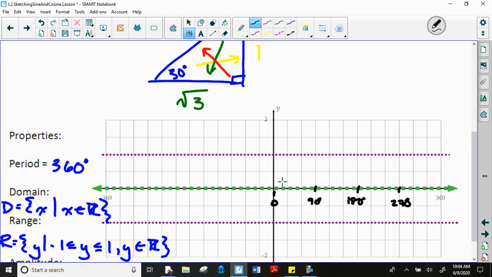And then I look at the middle. High, high, middle, low, middle, high. As long as you know where these points are, the little mnemonic, high, middle, low, middle, high, or middle, high, middle, low, middle, is going to work for all of the sine and cosine.